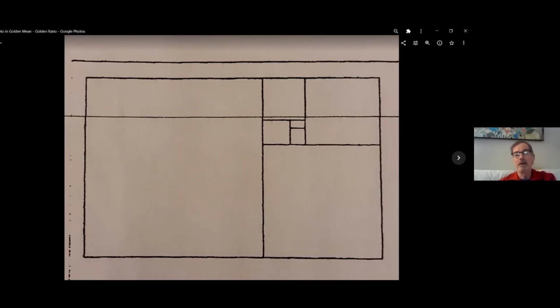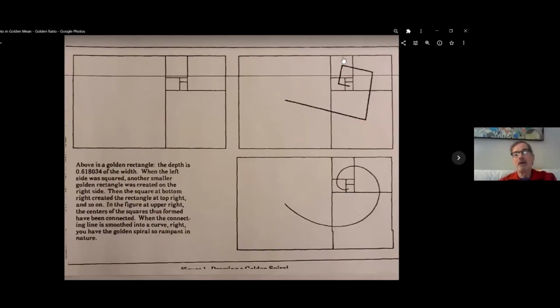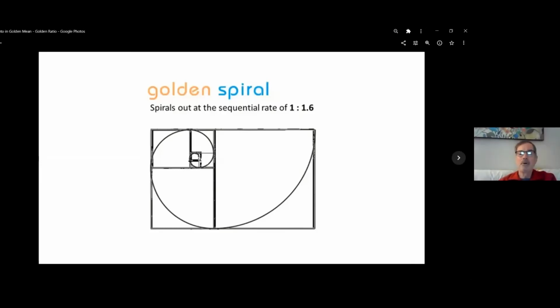It gets bigger and bigger. If you go to the center of each one of these squares, or a common point on the squares, what you get is a spiral, and this is well defined also, and it goes on forever, and we call this the golden spiral. It comes out of that sequence, 1 to 1.618.